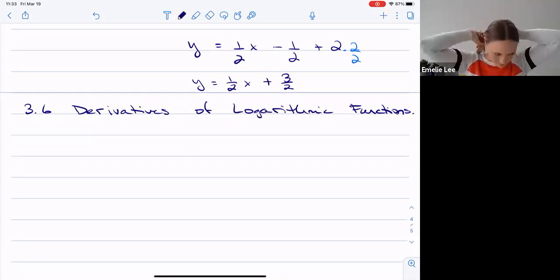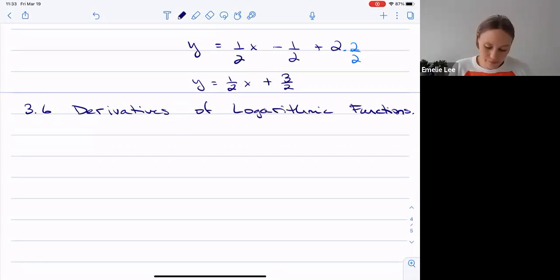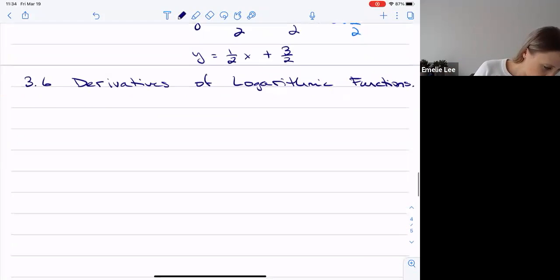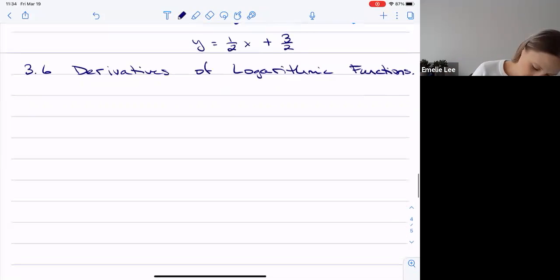So we can develop, and I do want to take a little bit of time to develop the derivative of the log, because I think it's kind of fun to see where it came from. But then, of course, like everything else, you can just use the property that we land on in the end, right? But it's nice to see where it came from. So let's just summarize here.